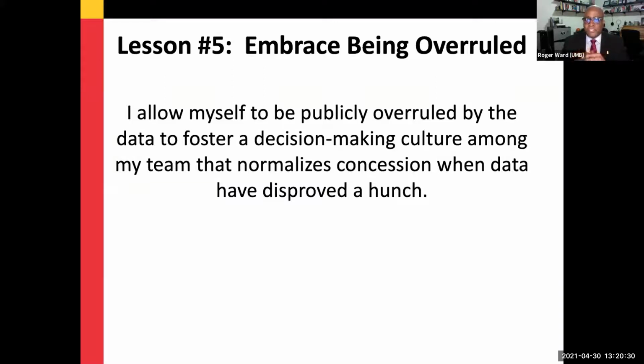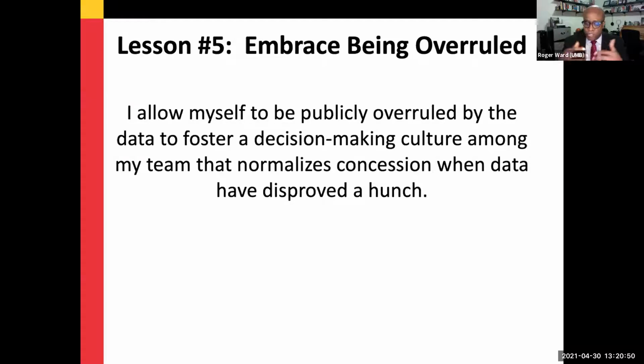And if it turns out that the data contradicts a hunch I may have, a thought about how we might be able to approach something, I allow myself to publicly, as I say here, be overruled by the data.